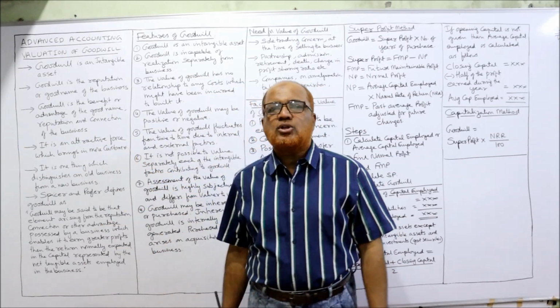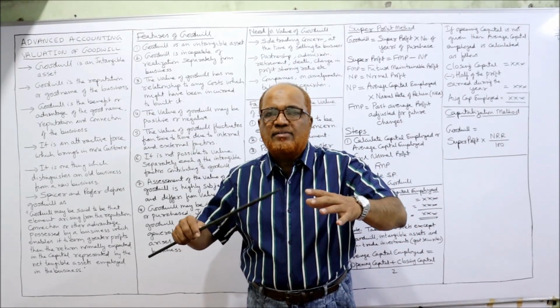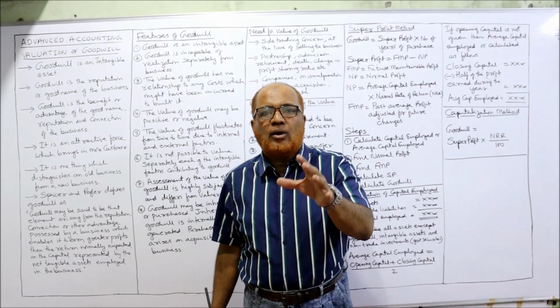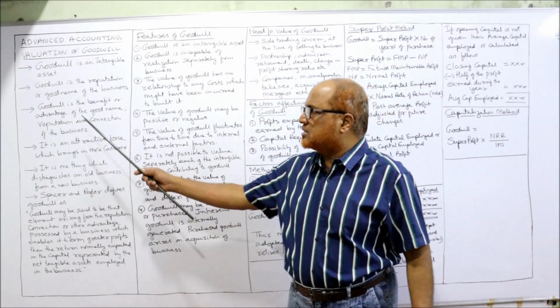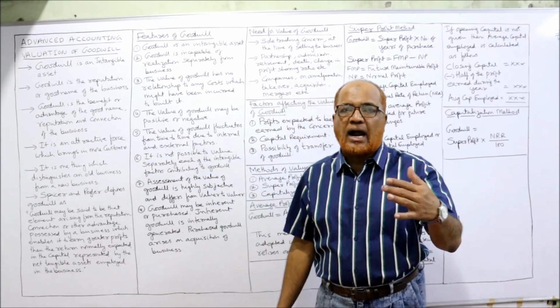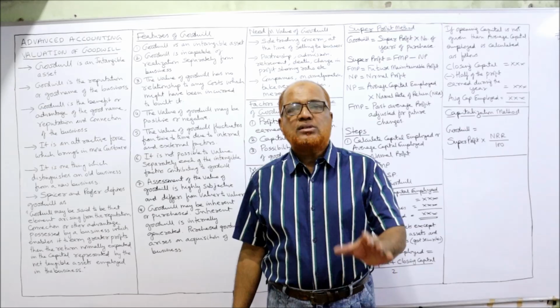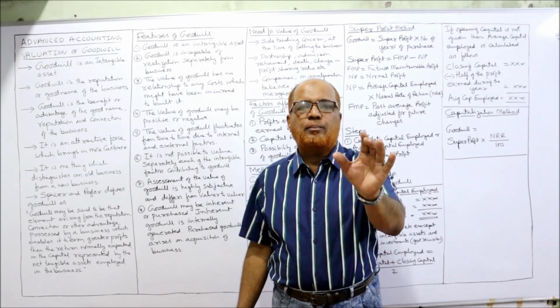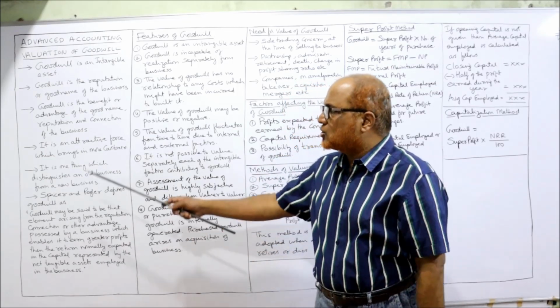Now, goodwill is the reputation or good name of a business. Goodwill is not built and does not have any physical existence, but it is created by the reputation and good name of the business. Goodwill is the benefit or advantage from the good name, reputation and connection of the business. In simple words, we can say goodwill is the reputation or connection or good name which is attached to the business.